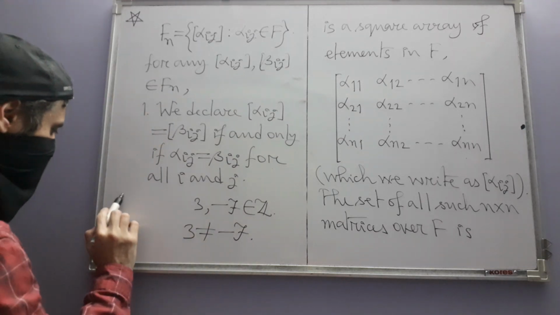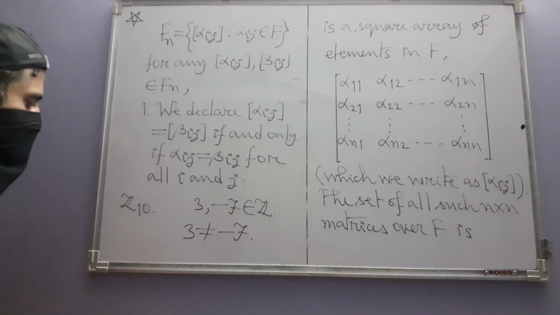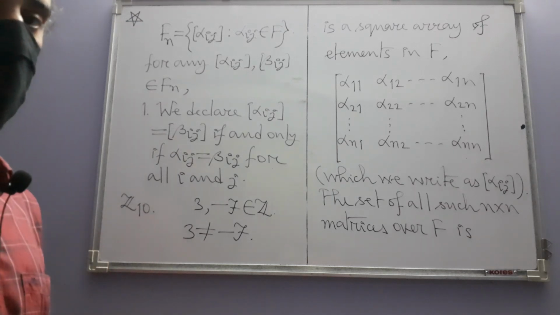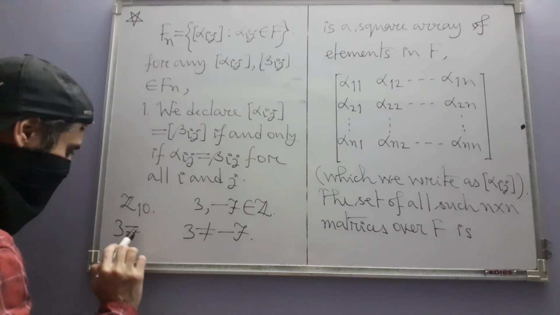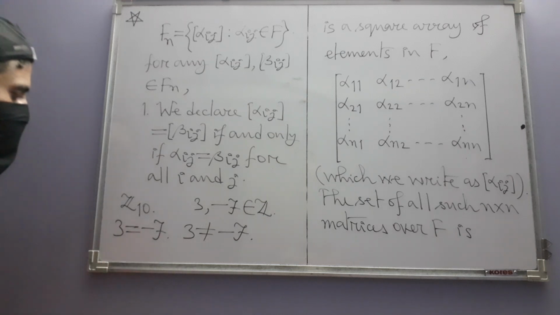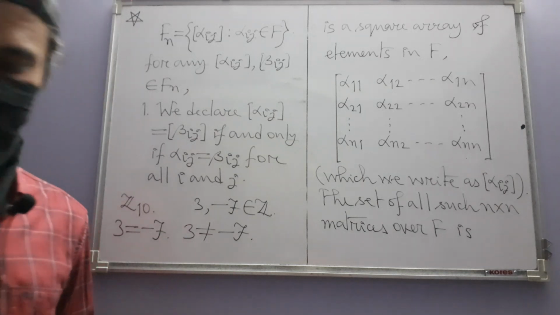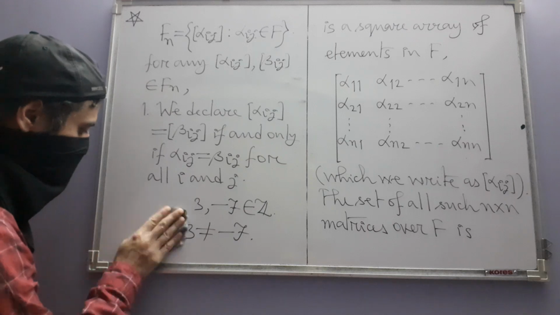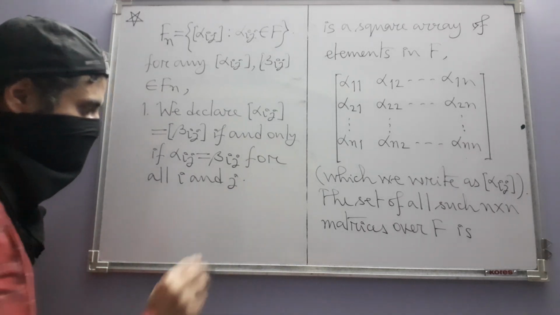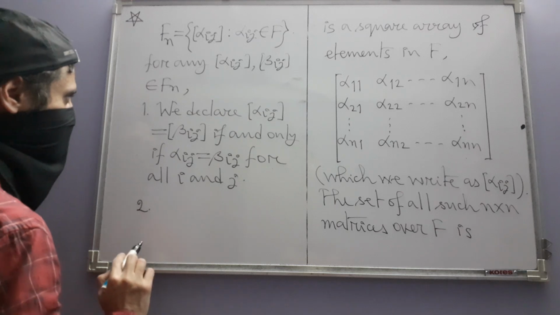However, if you treat them as objects in the system of integers modulo 10, then they become equal. Okay, so that is why the definition of equality can change. It depends on the situation. But anyway, so we move on.